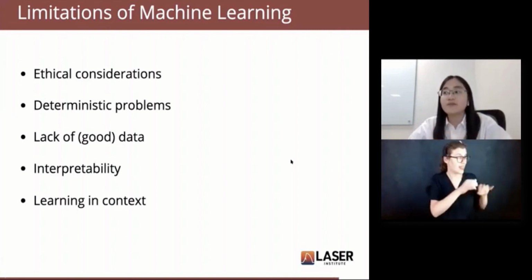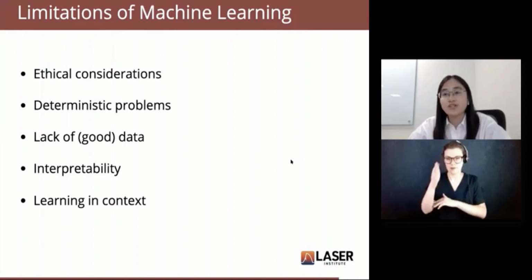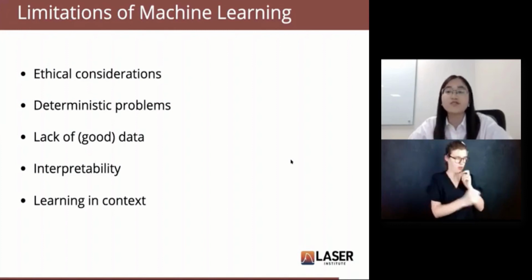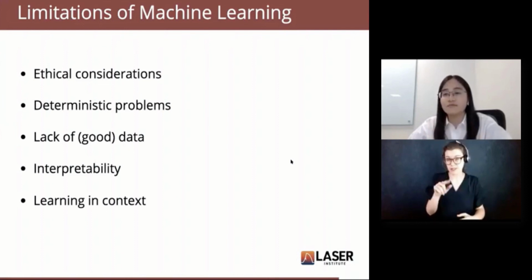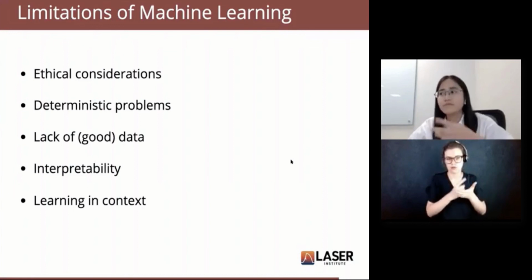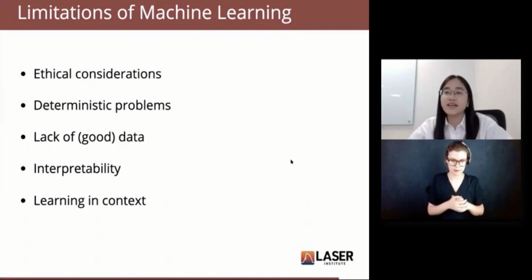And there are also practical problems, such as machine learning research simulations being computationally expensive, especially on large training data sets. If it's a large data set with a complex model, it might take weeks for you to run just one model. And there is the issue of lack of data or good data in some fields such as literacy education, and also data about student learning for marginalized students.